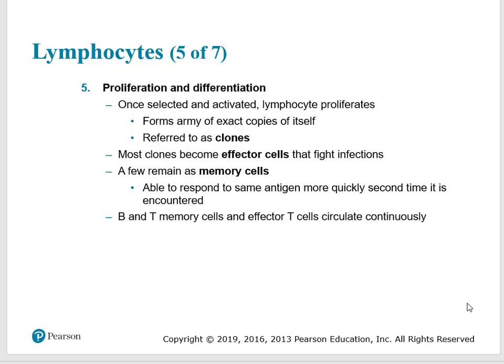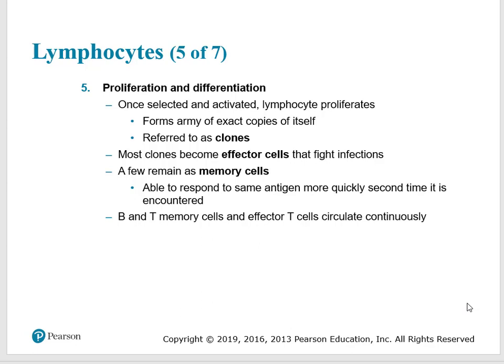Proliferation and differentiation. It's how these cells multiply once they're activated with the help of the antigenic determinants from the antigenic cells. It's through what we call the cloning process. Cloning is basically where they have identical DNA or genes. Once you have identified the antigenic determinants, you don't want to change them when you're doing a cell division.